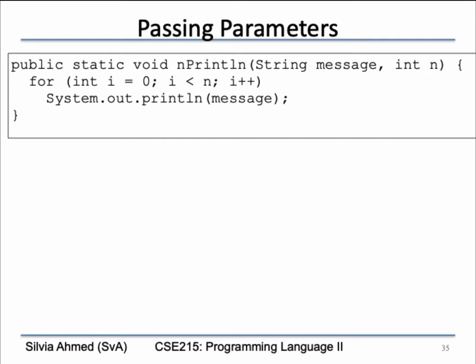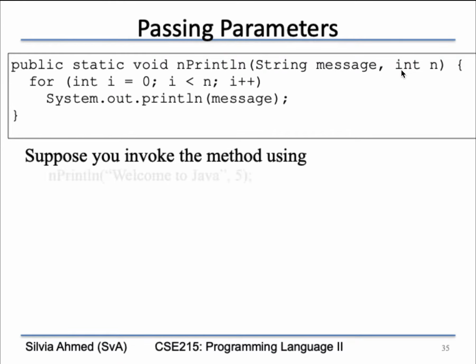Next, when we pass a parameter, this is one of the most important benefits of the method: we can pass parameters, and those parameters can be used inside the method. When we have a parameter list and we call that method, we need to be careful about the order of the parameters.